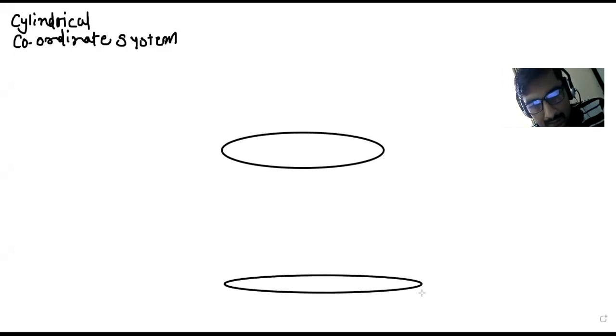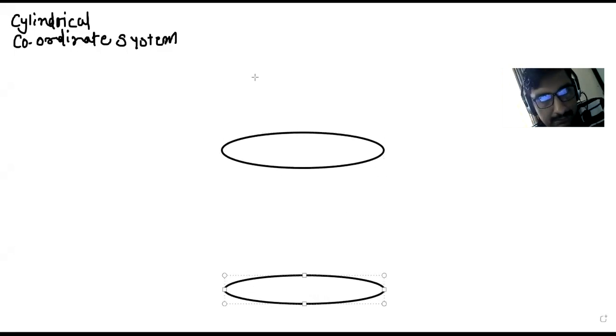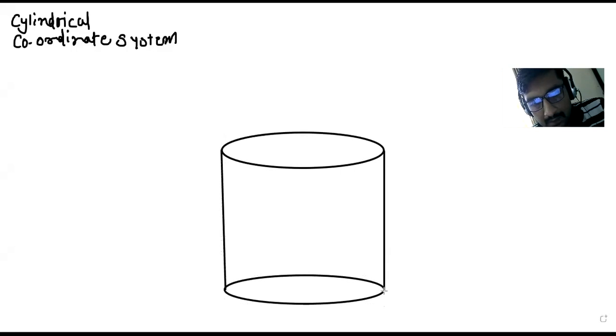So this is the cylinder, and inside this cylinder, suppose you have some point placed over here. This point will be defined with respect to this cylinder. So this is the geometry and this is what the coordinate system is.